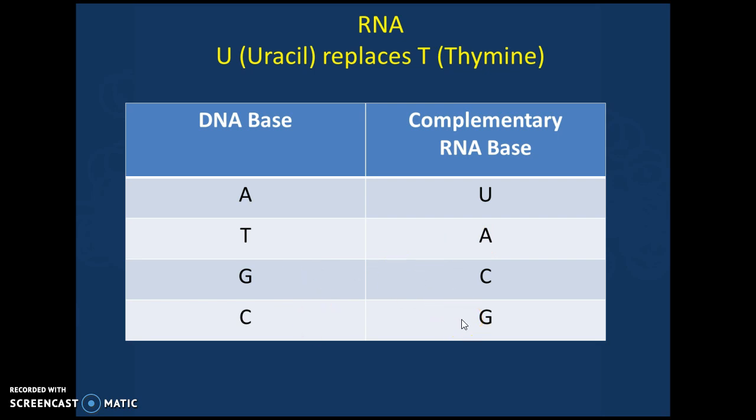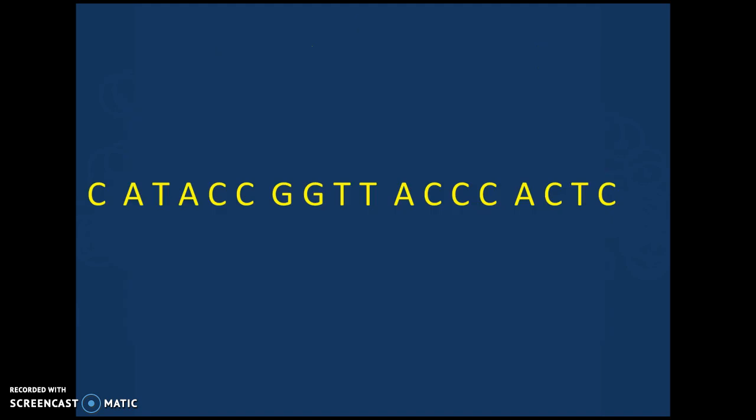So our next step is to take a strand of DNA called the template strand, because it's the strand on which the messenger RNA is built, and figure out the complementary RNA nucleotides for this DNA. So this is the process of transcription, of building that messenger RNA.